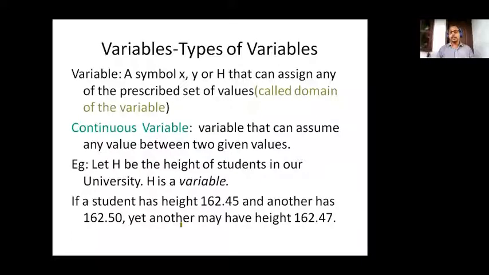For example, let H be the height of students in our university. Then H is a variable, since if a student has height 162.45 and another has 162.50, a third student may have height 162.47, so the variable is continuous.